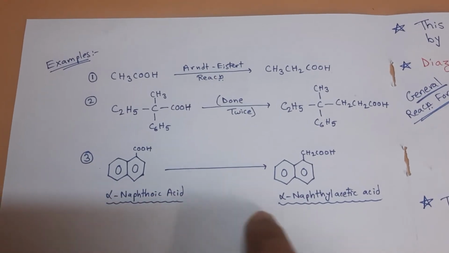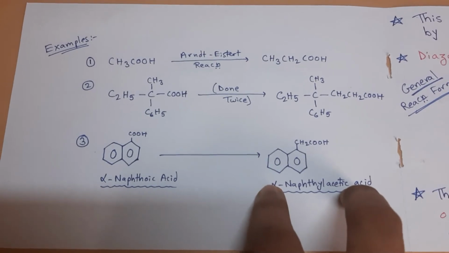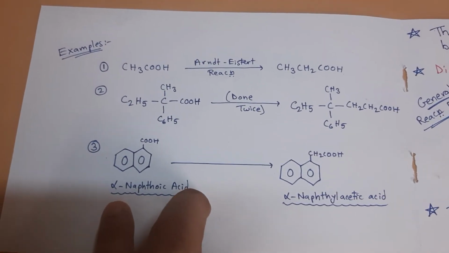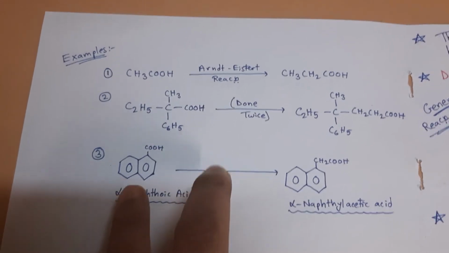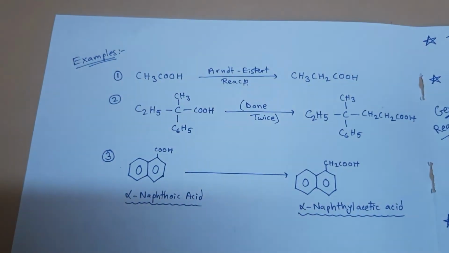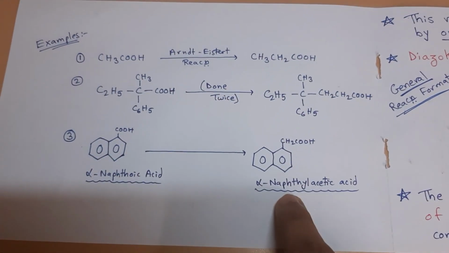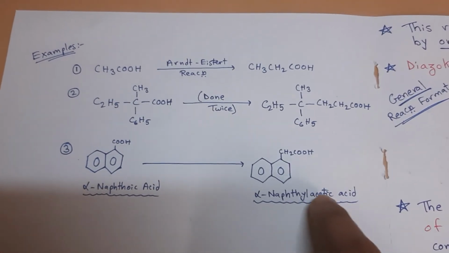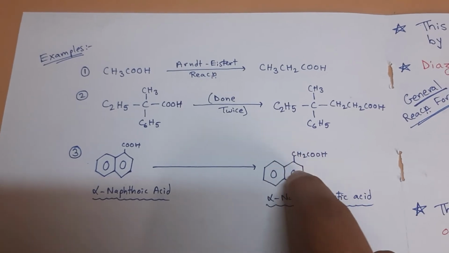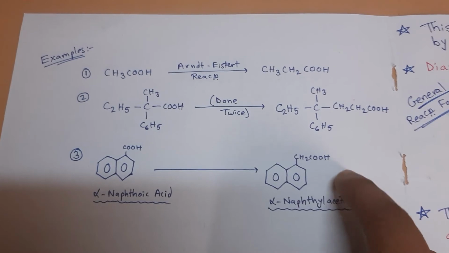And the last example is a very typical example of a factory application of the Arndt-Eistert reaction, which takes alpha naphthoic acid. All right, it is then passed through the reagents in the Arndt-Eistert reaction, and then it becomes alpha naphthyl acetic acid, which is actually an addition of a methylene group in the COOH group on the top side of the benzene ring on the right hand side.